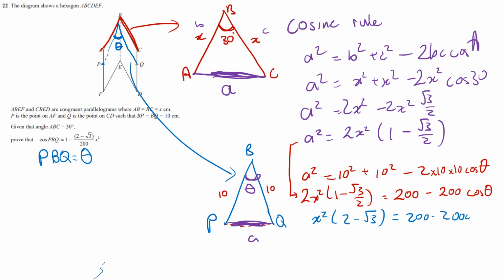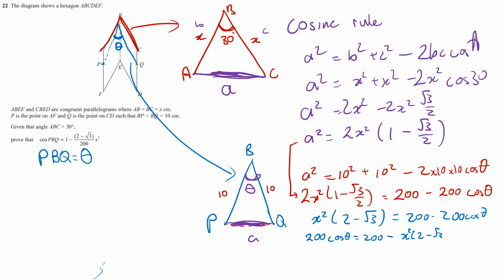Okay, this looks really good. We're nearly there. Now, I want to get cos theta on one side, everything else on the other. So I'm going to add 200 cos theta to both sides. That's going to leave me with 200 cos theta on the left. And at the same time, I'm going to subtract that x squared times 2 minus root 3.